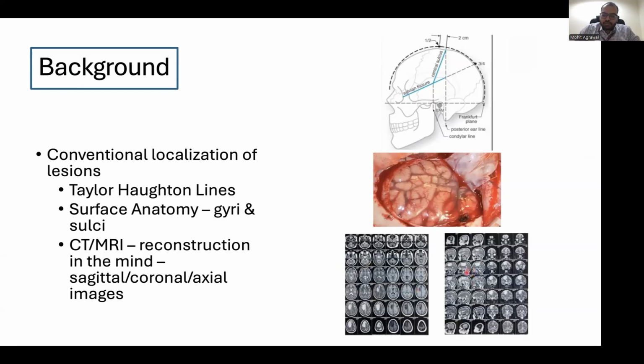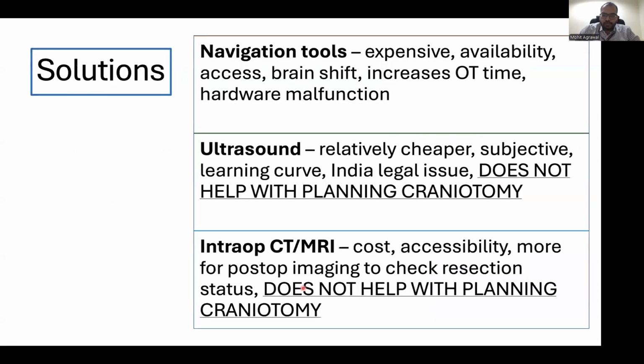We try to reconstruct this tumor in our mind and try to devise a way by which we can approach the tumor safely and resect it safely. This is easier said than done. Of course, it has a lot of fallacies, and there can be many issues with localization just on the basis of this CT and MRI.